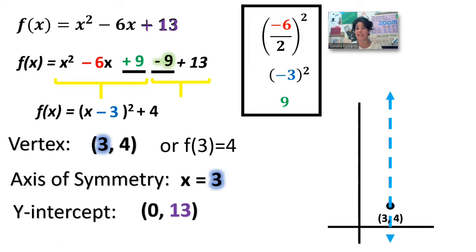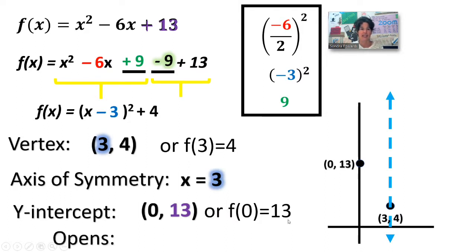When I move right 0 and up 13 and plot the point, I'm going to put that right about there. This is just indicating that another way to write the coordinate 0, comma 13 is to say f of 0 equals 13.